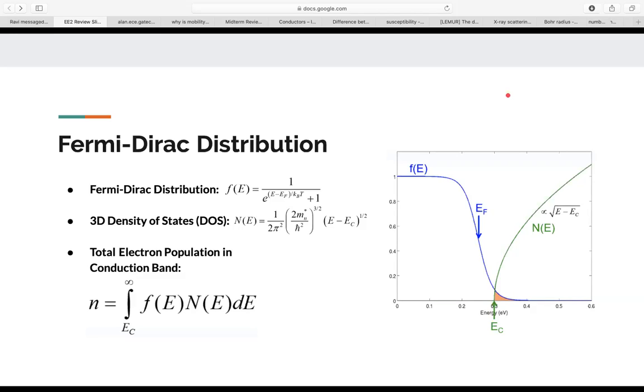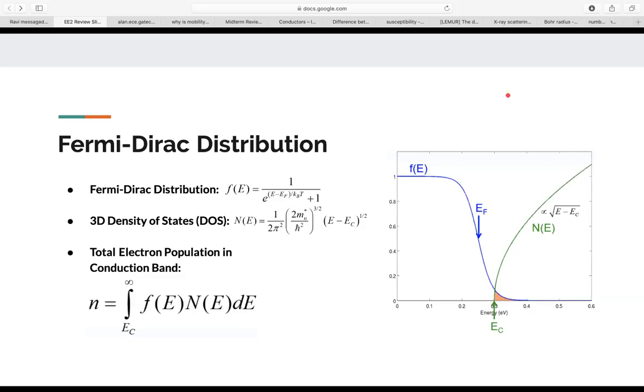As you can see, the Fermi-Dirac distribution depends on both energy level and temperature. If you increase the temperature of your element or crystal, the Fe graph would slowly start to flatten out.